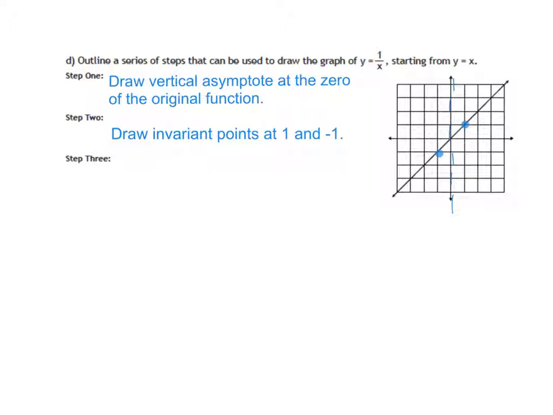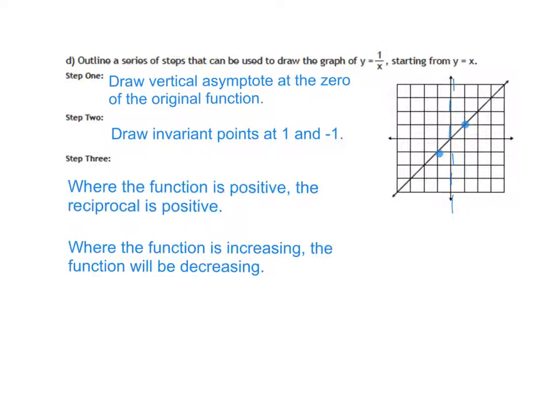And then basically the third step is, if the function was positive, then the reciprocal is going to be positive. If the function was negative, then the reciprocal is going to be negative. So it's these two things and their opposites. Where the function is positive, the reciprocal is positive. So everything that started out positive is going to stay positive, and if it started out negative, it's going to stay negative.